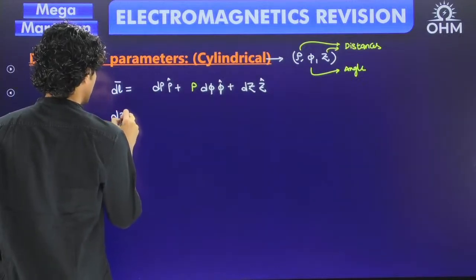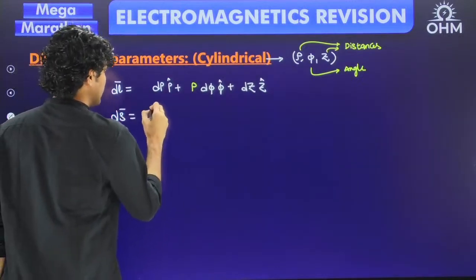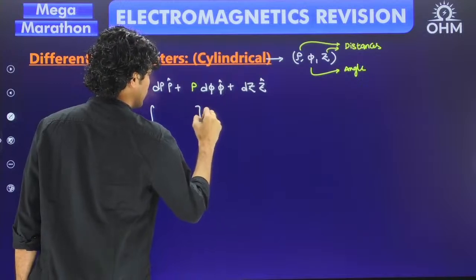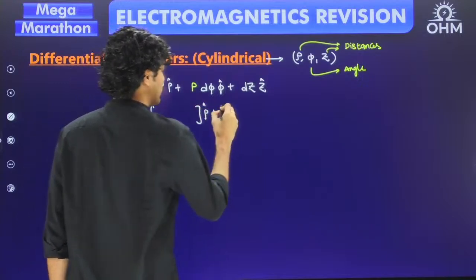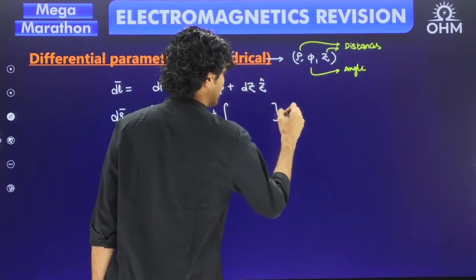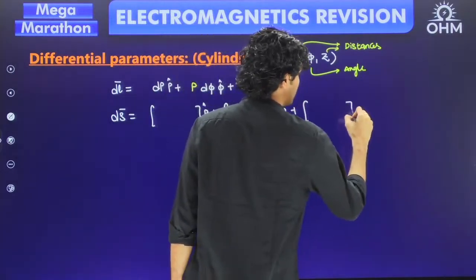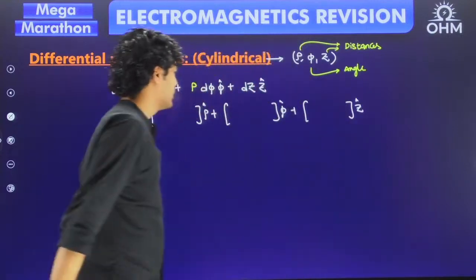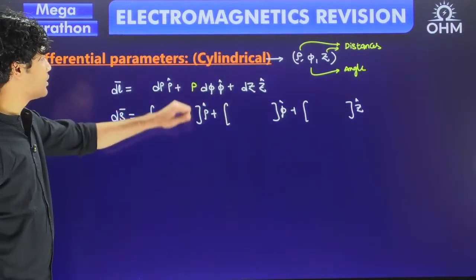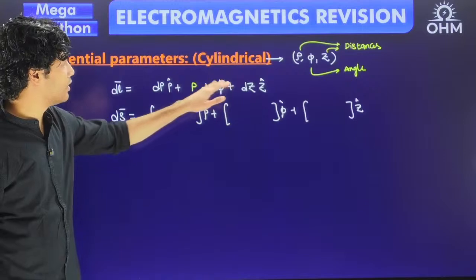What is ds bar here? It will have an area along the rho cap direction, an area along the phi cap direction, and also some area along the z cap direction. Along rho cap direction, what is the area? Rho d phi dz.